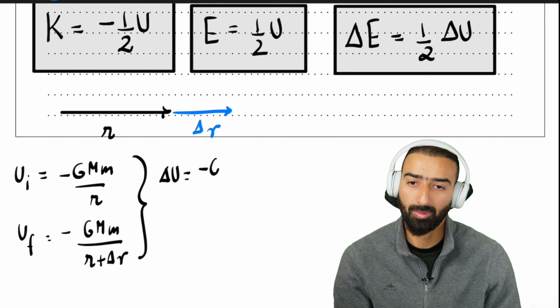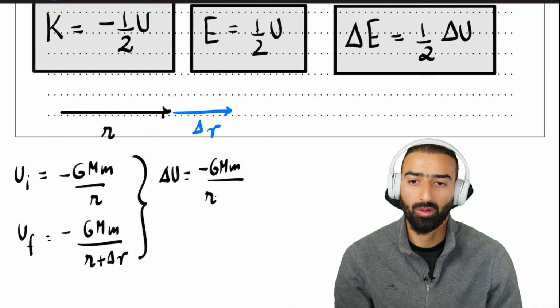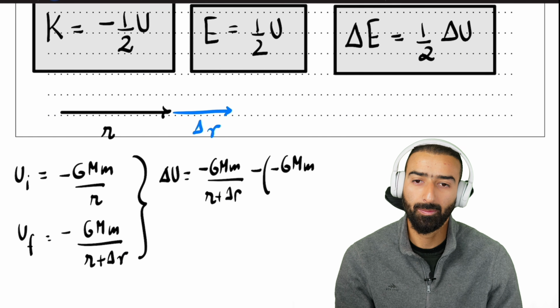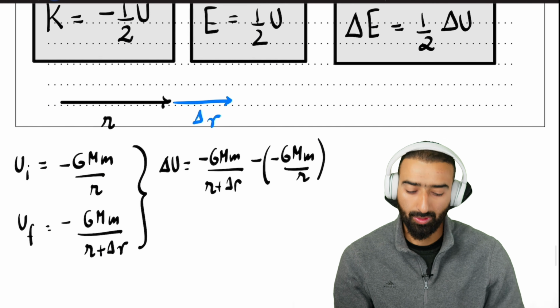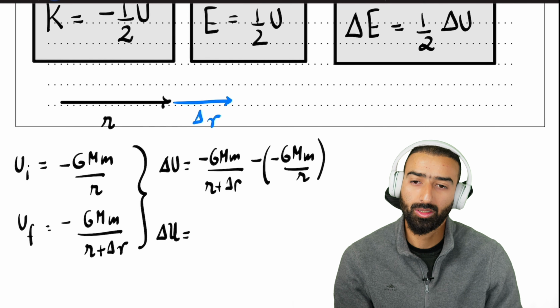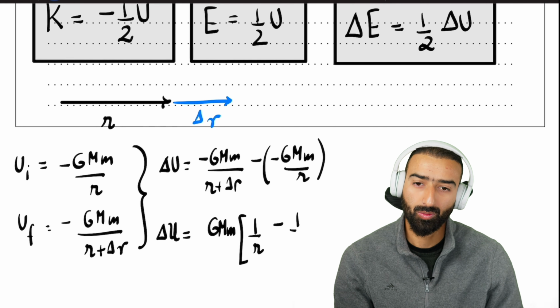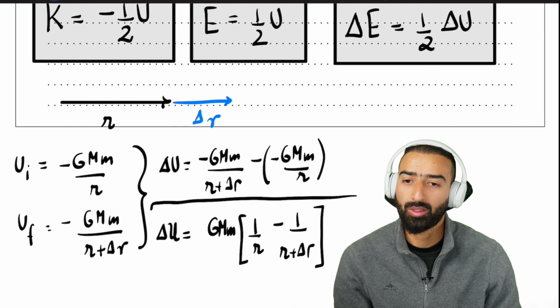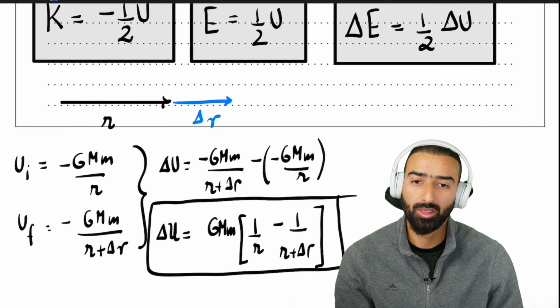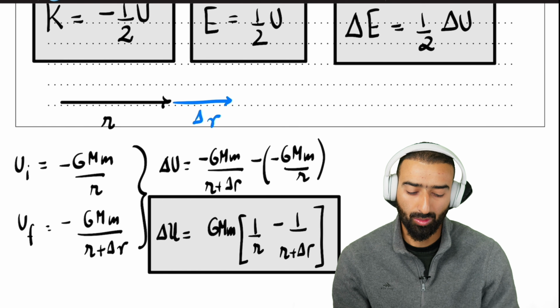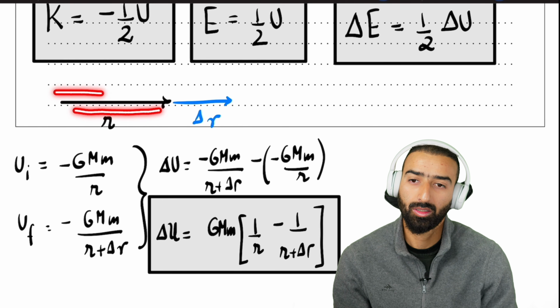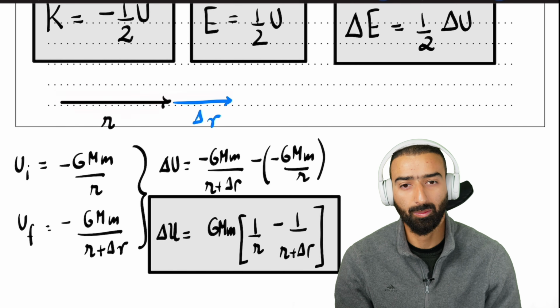So final is minus GMm over r plus delta r, minus the initial, which is minus GMm over r. We can rearrange this into a neat format, which is GMm times 1 over r minus 1 over r plus delta r. So here we have the change in the potential energy when the satellite goes from a distance of r to an increased orbital distance r plus delta r.